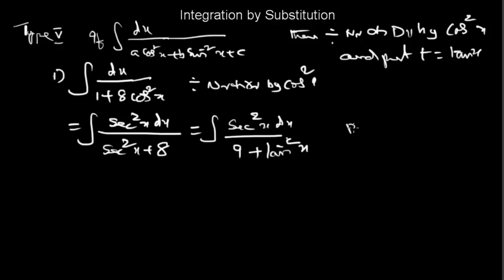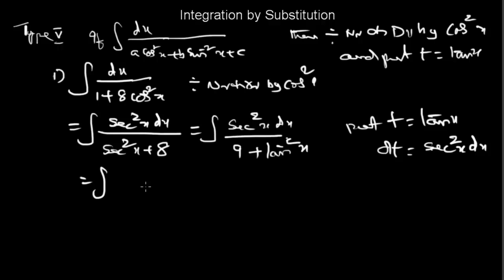Now put t is equal to tan x. And what is dt? Differentiation of tan x with respect to x is secant squared x into dx. So the numerator, secant squared x dx, becomes only dt, and the denominator is 9. 9 is written as 3 squared, plus tan squared x is written as t squared.